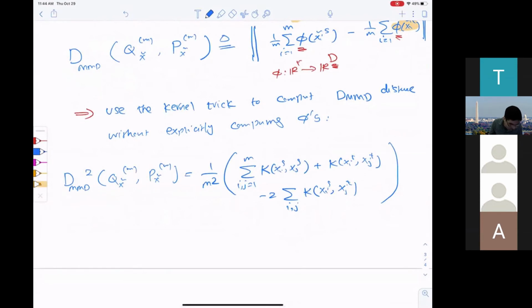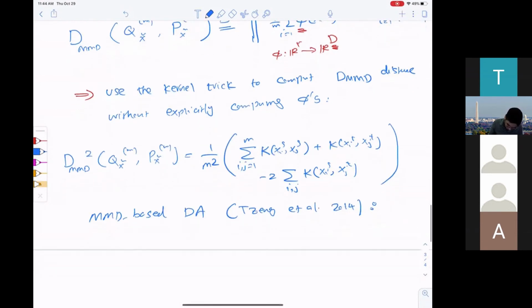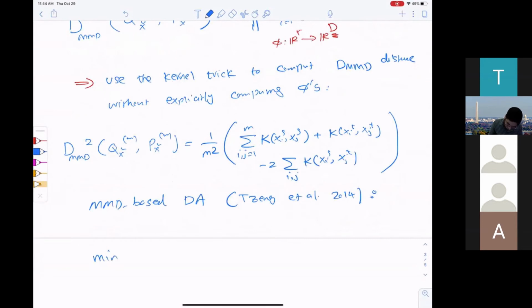So an MMD-based domain adaptation optimization can be formulated as the following, and I think this is done in the following paper. We are picking model parameters, minimizing the classification loss. What's the classification loss?